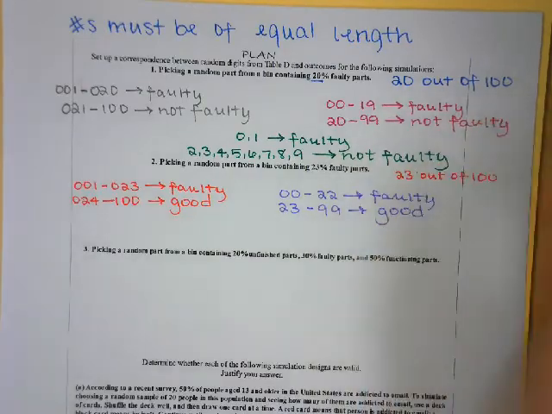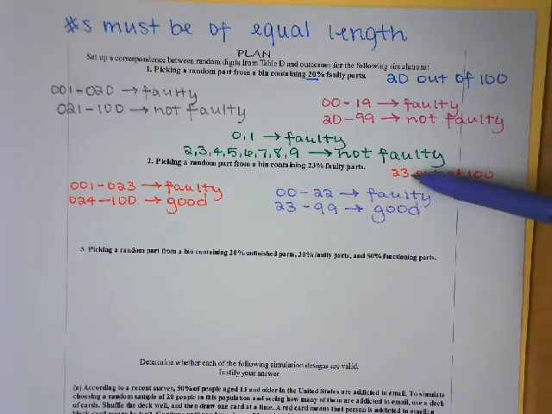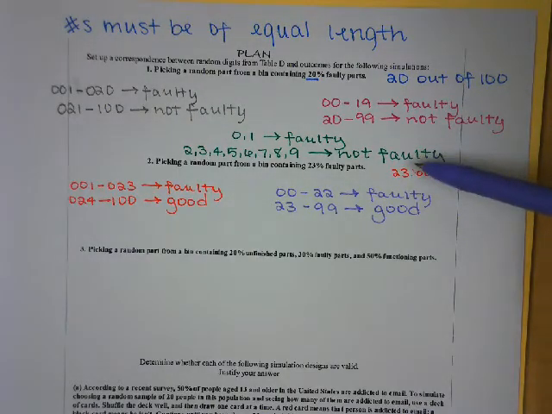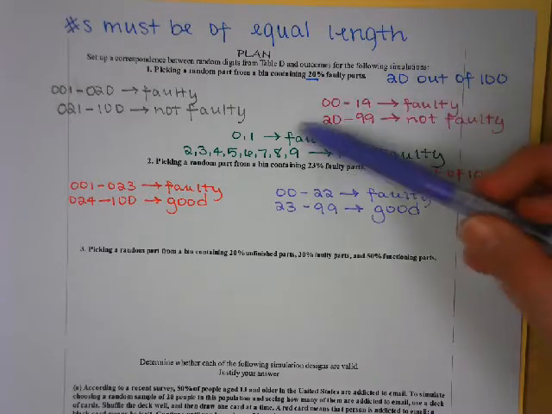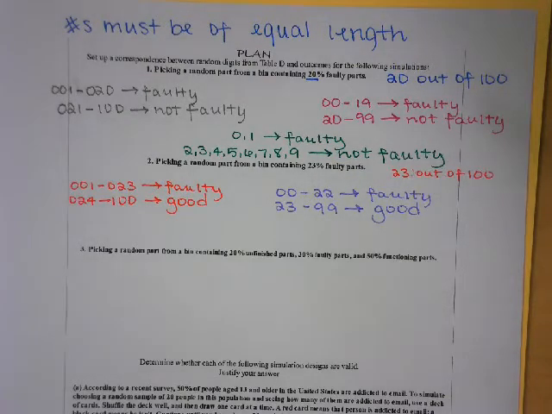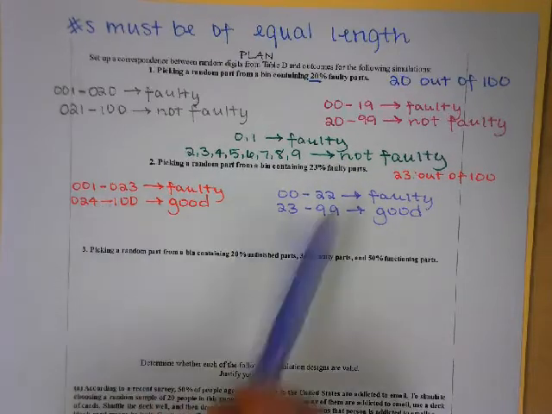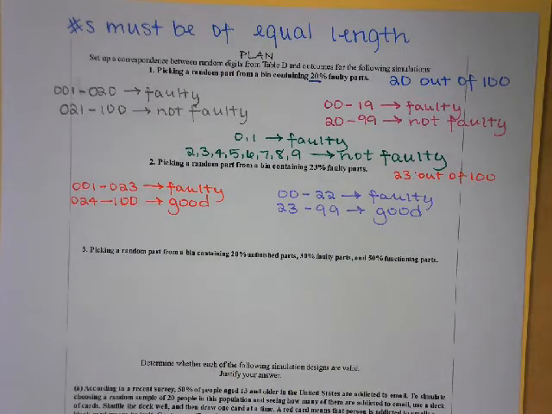If I try to use 10 numbers, 0 through 9, 23% of 10 is 2.3. So I can't use single-digit numbers with 23%. I can only use 3 or 2-digit numbers. Any questions on that one?